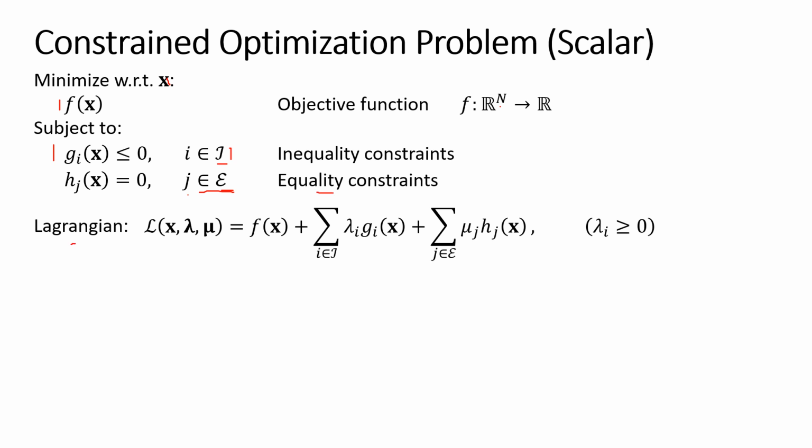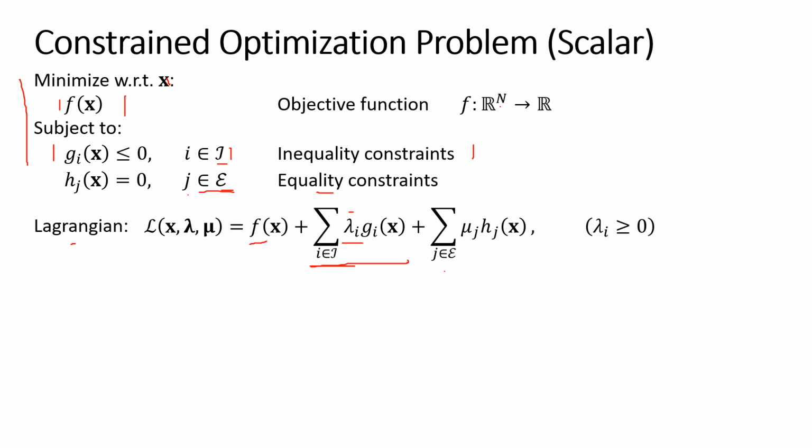The Lagrangian for this constraint optimization problem is f of x plus summation lambda_i g_i of x. This term corresponds to the inequality constraints, and lambda_i's are the Lagrange multipliers or dual variables for the inequality constraints.